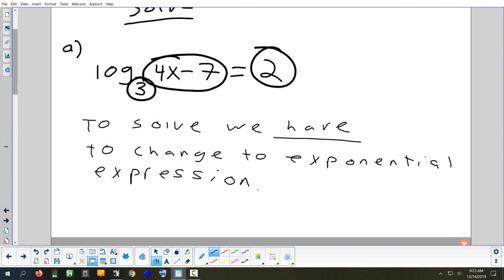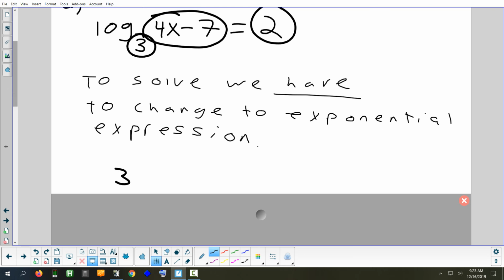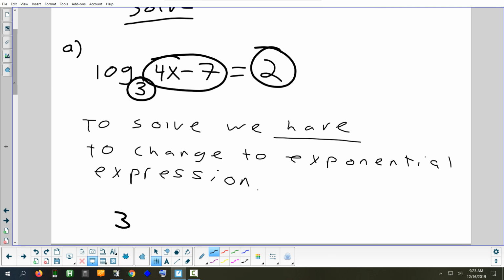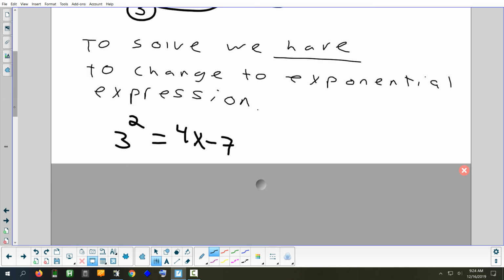So, Sebastian, what's my base there? 3. Yep, 3 is my base. And Grace, a logarithm always equals what kind of number? The exponent. So my exponent is a 2. So 3 to the second equals 4x minus 7. 4x minus 7 is the argument. And now just solve that equation.